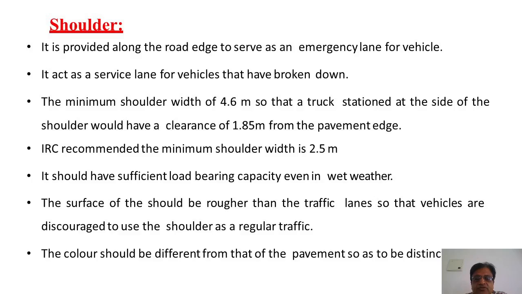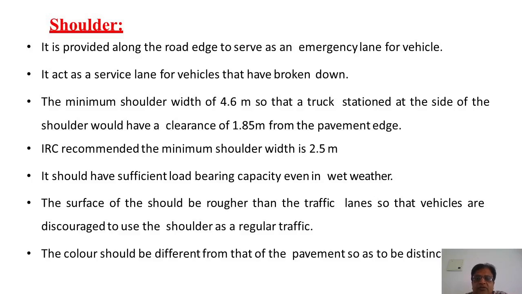The minimum shoulder width is 4.6 meter, so that the truck stationed at the side of the shoulder should have a clearance of 1.85 meter from the pavement edge. So you have 2.5 meter as the width, 2.5 plus 1.8, so it is almost 4.5, but they have taken it as 4.6 meter so that the truck can be stationed.